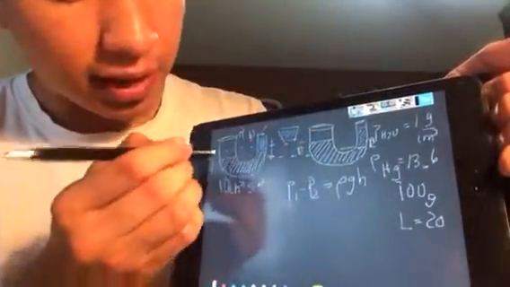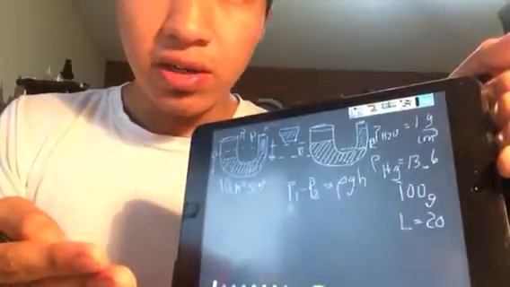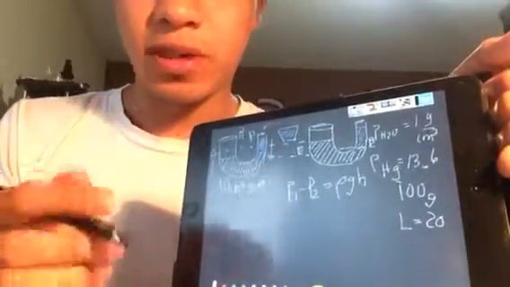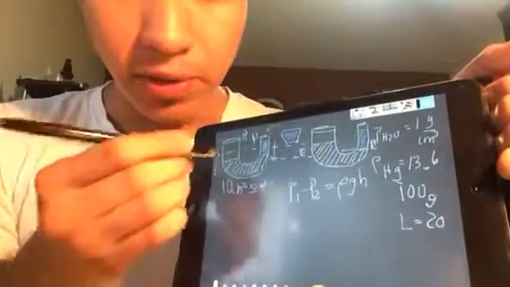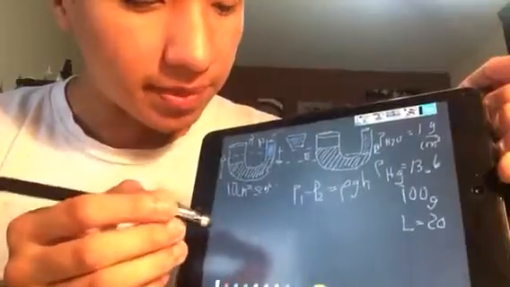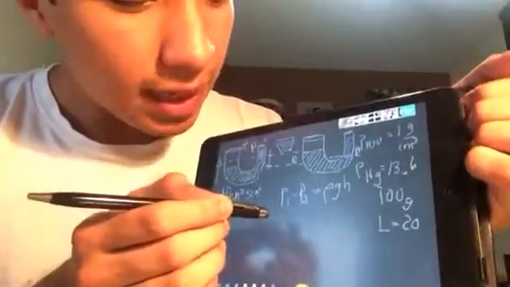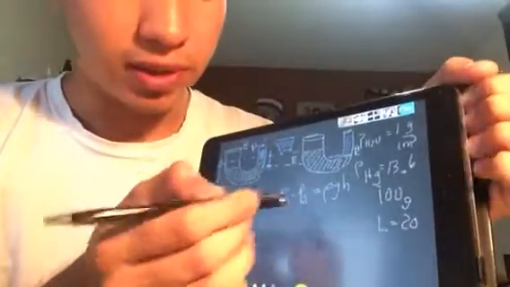The volume in the bottom, where it was initially our mercury, after it went up. So here we have P2, and we're going to work with this formula.